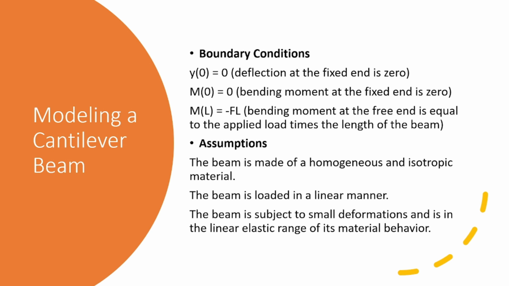This is the most important thing. The beam is subject to small deformations and is in the linear elastic range of its material behavior. By using this mathematical model, we can simulate the behavior of a cantilever beam under different loading conditions and analyze its response in terms of deflection, stress, and other parameters.